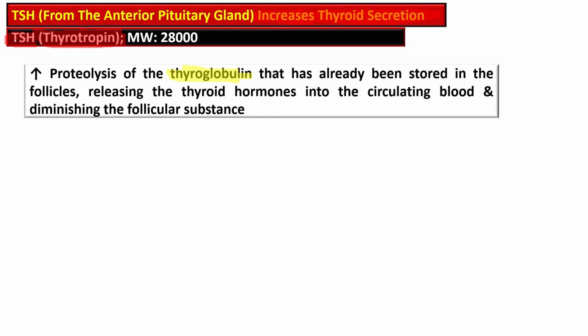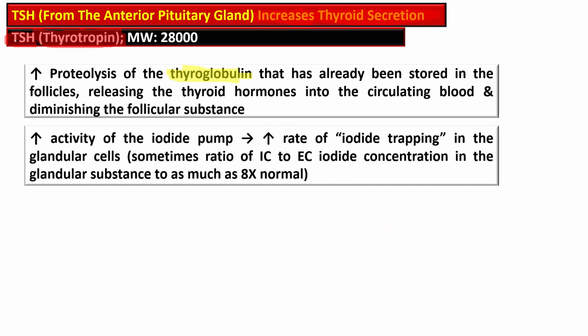It is an earlier response, while TSH is also responsible for iodine pump activity. So it enhances the iodine trapping in the thyroid cells and increases the intracellular and extracellular iodide ratio up to 8 times of the normal.